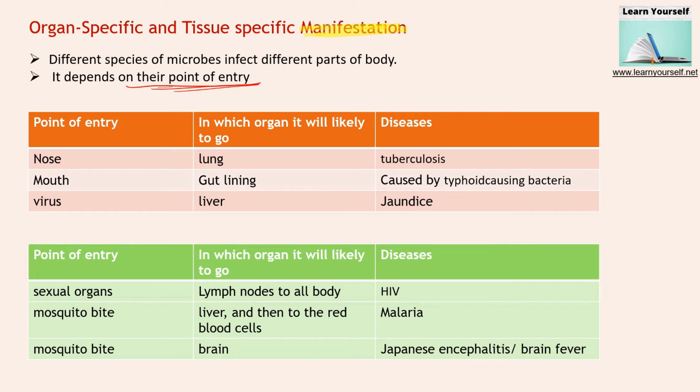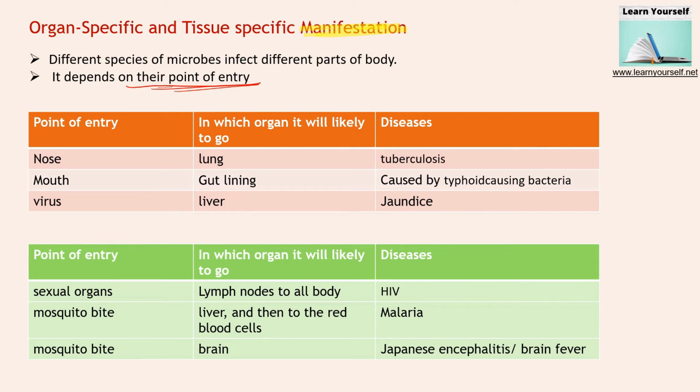When the point of entry is the nose, with the air it will likely go to the lung and cause tuberculosis. When the point of entry is the mouth, it will go to the gut, along with food and water, to the gut lining, and this bacteria will cause us typhoid.